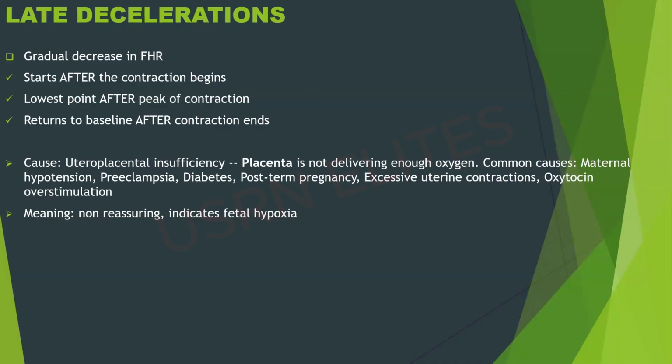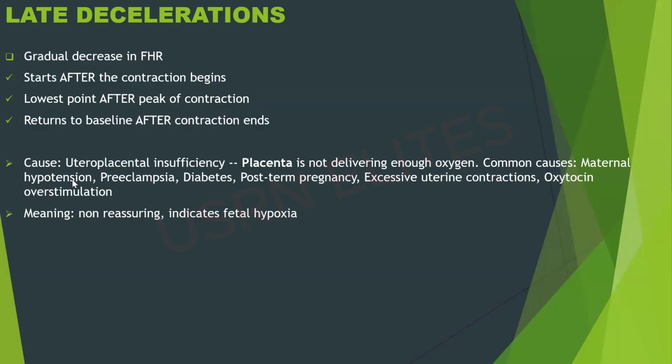The cause is placental insufficiency. And what will cause the placenta to be insufficient? When there's decreased what? Blood flow. All right? That's what we call placental insufficiency, when there's decreased blood flow through the placenta to the fetus. And what can cause that?